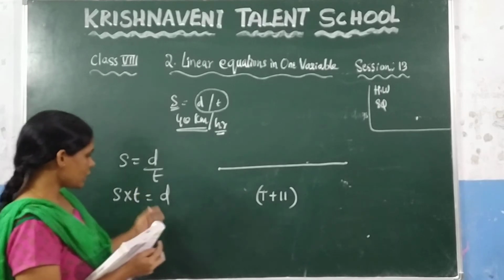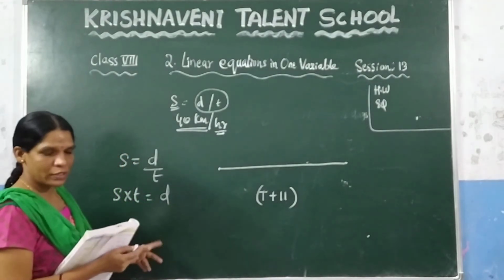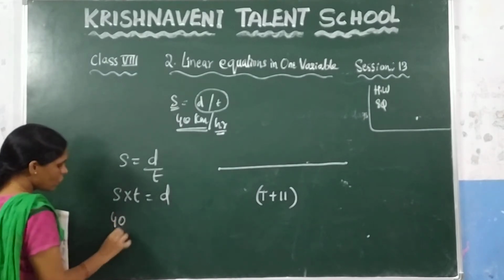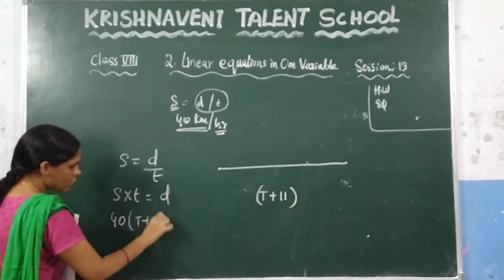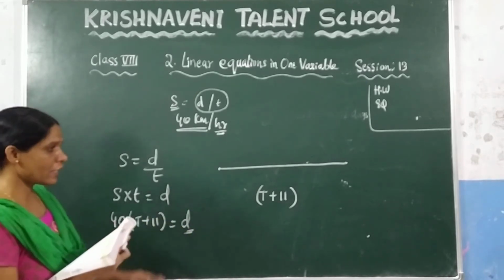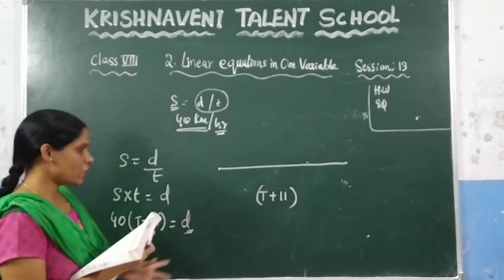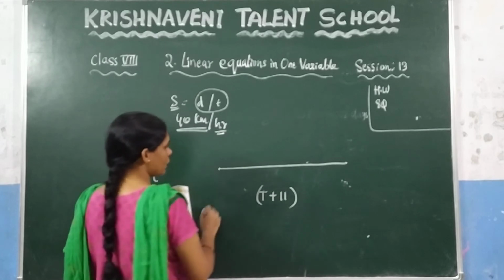So here, if this train is traveling at a speed of 40 kilometers per hour, and the time the train has to take is t plus 11, you get the distance. Now again the same train, if it is traveling at a speed of how much they have given, 50 kilometers per hour.